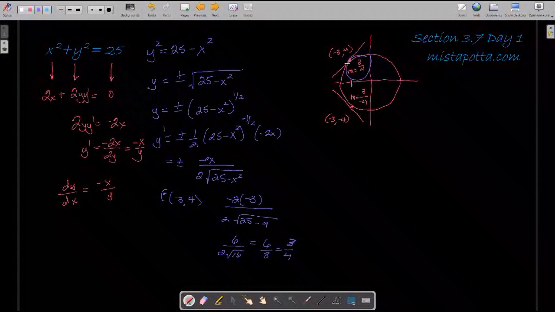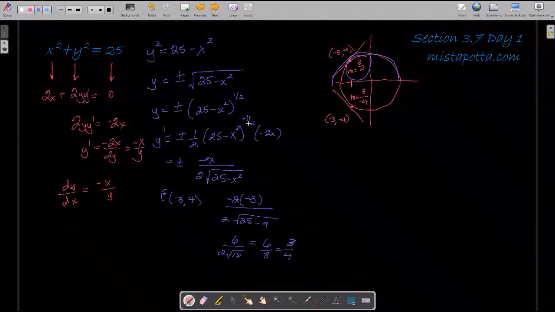And I run into this questionable, what do I mean by plus or minus? Remember that the positive deals with the top arc of the curve, where y is positive, and the negative deals with the bottom arc of the curve, where y is negative.